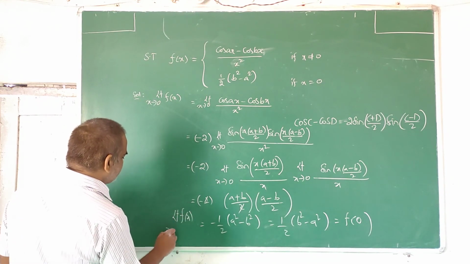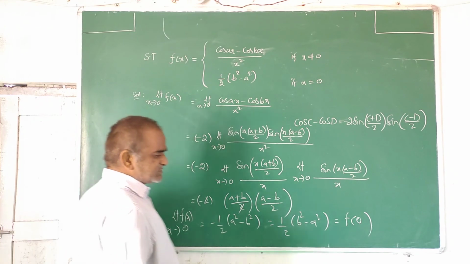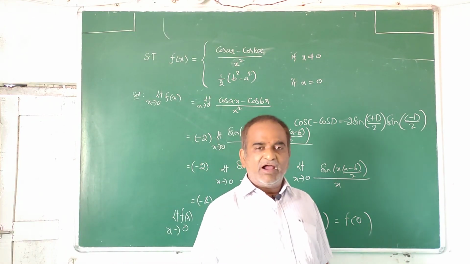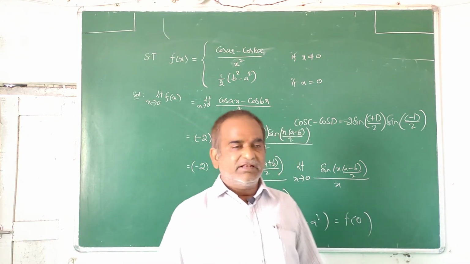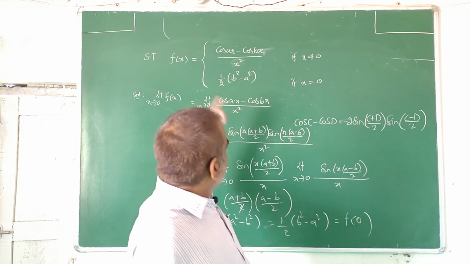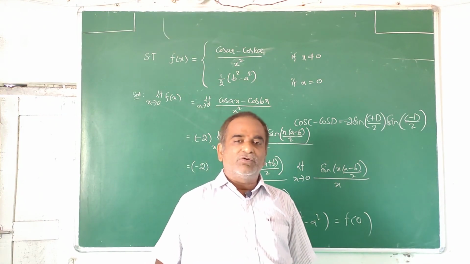Then by the definition of a continuous function at a point, you can conclude that this function is continuous at x equal to 0, and it's proved.